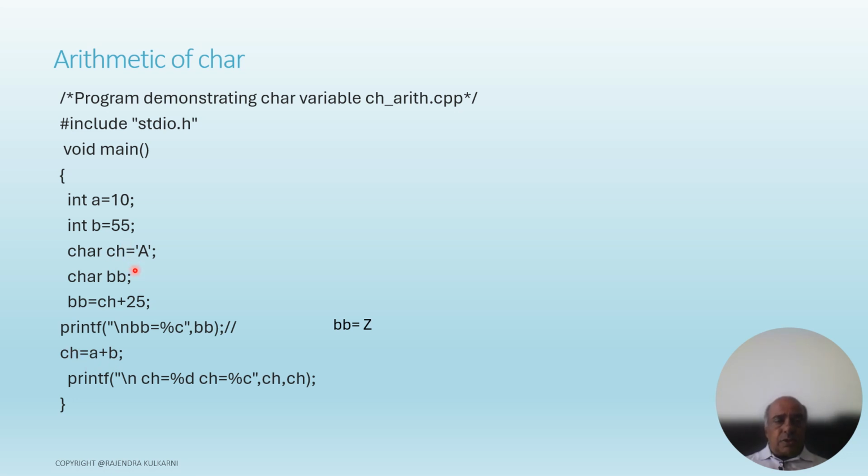Earlier ch was assigned with capital A. Now ch is getting assigned with the value a plus b. a is equal to 10, b is equal to 55. So ch will now hold again a plus b's evaluated value 65.